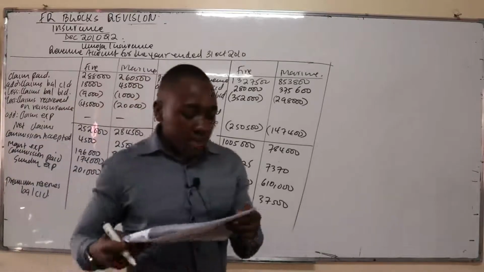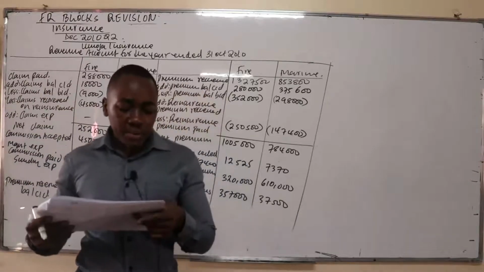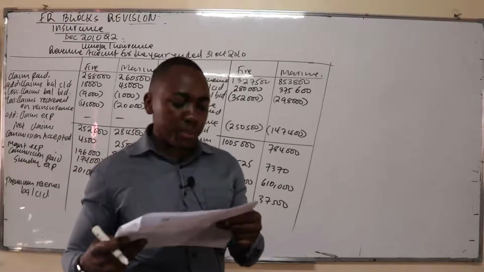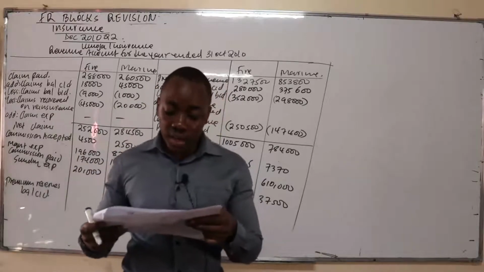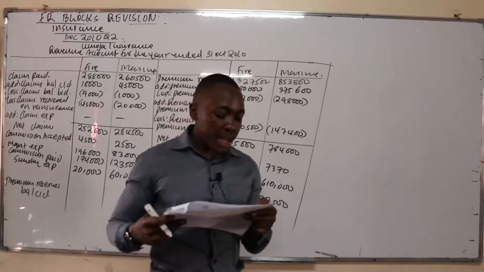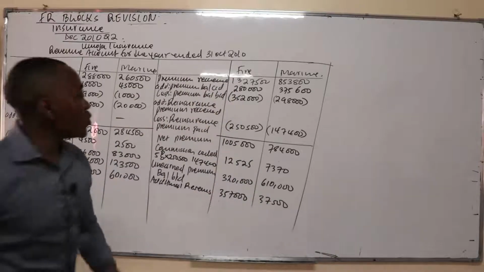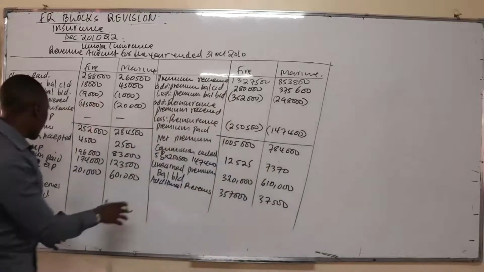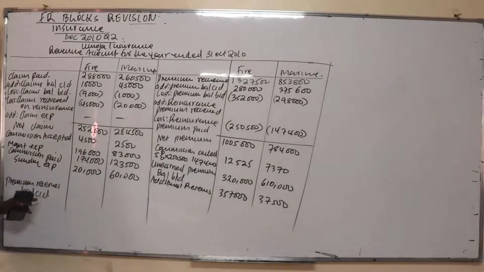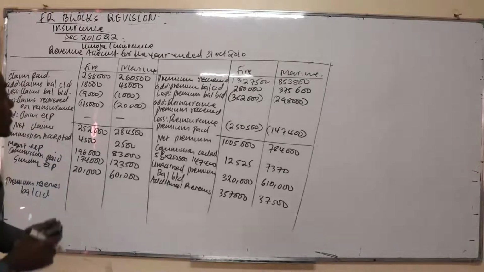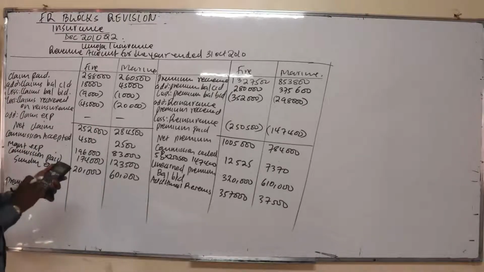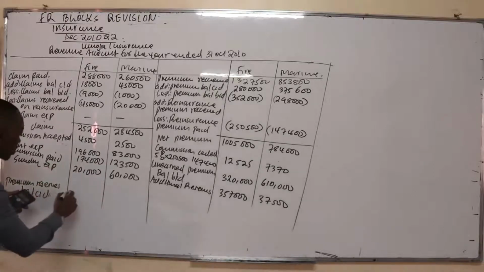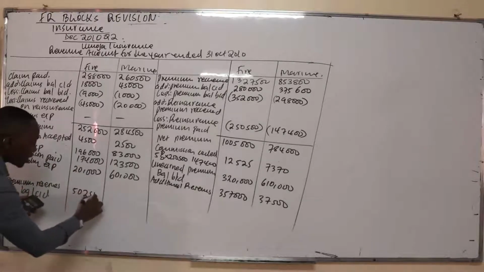Number 4, you're told that reserves for unexpired risk should be 50% of the net premium in the case of fire insurance and 80% for marine insurance. Now, what we have got here as our net premium, you take it to the reserves, and we have premium reserves balance carried down. In respect of fire, we maintain 50%. So it's 1005, you divide by 2. So this one will be 502,500.